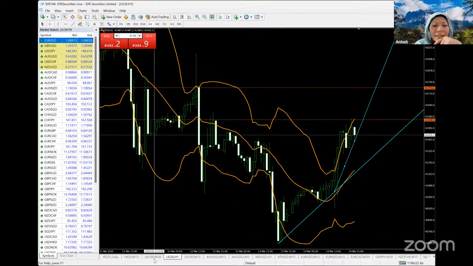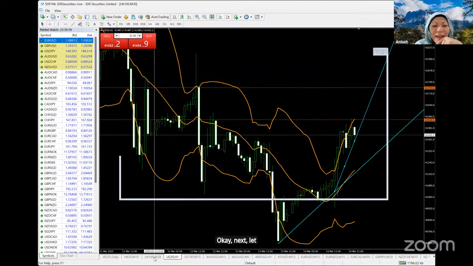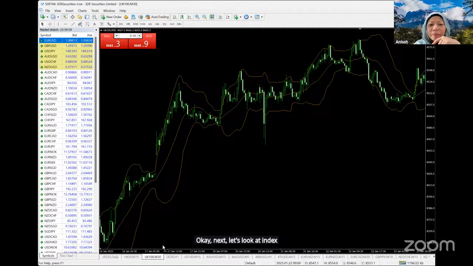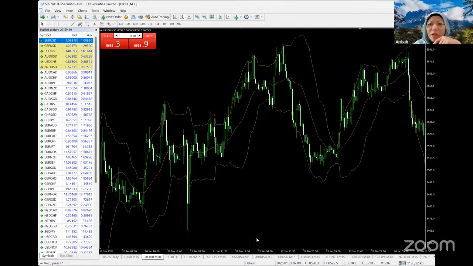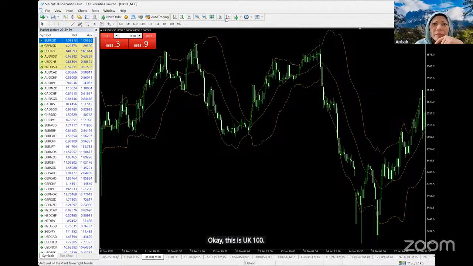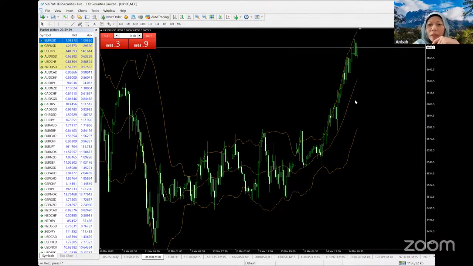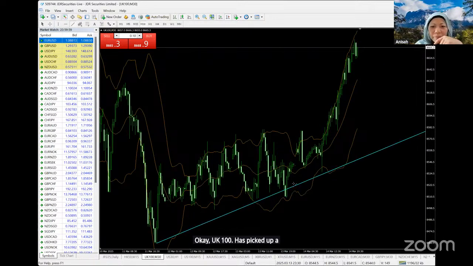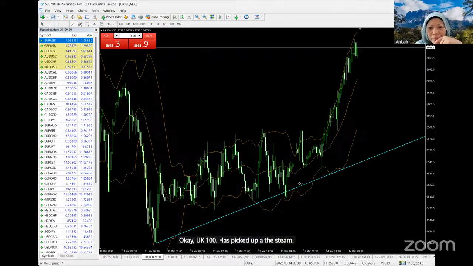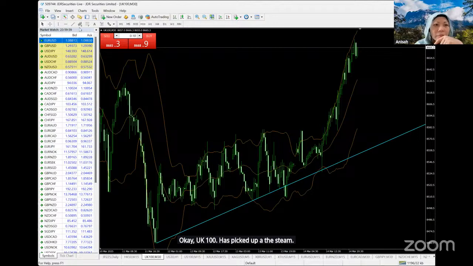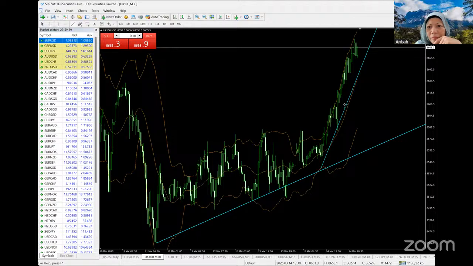Okay, next, let's look at index UK 100. This is UK 100. UK 100 has picked up steam.